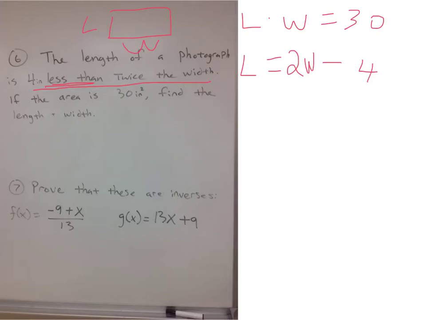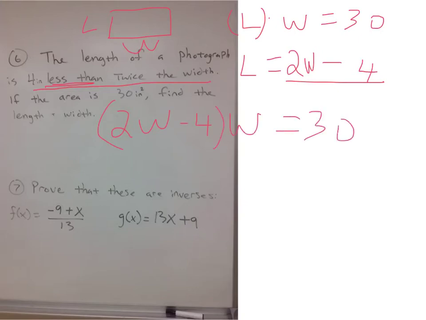And then once again, we said that area is just length times width, and it's 30. So taking all that into account, I can substitute this 2w minus 4 into the L up here. So that would look like this: 2w minus 4 times the second w there equals 30.